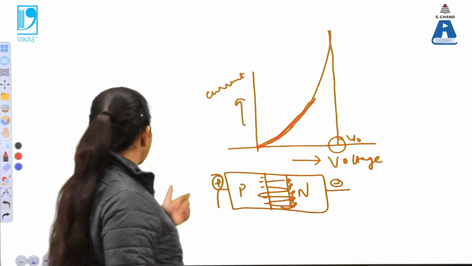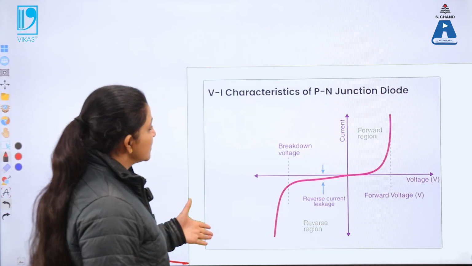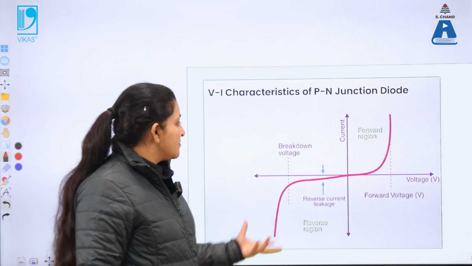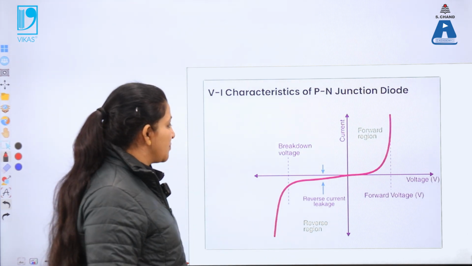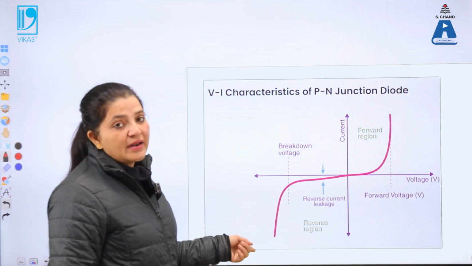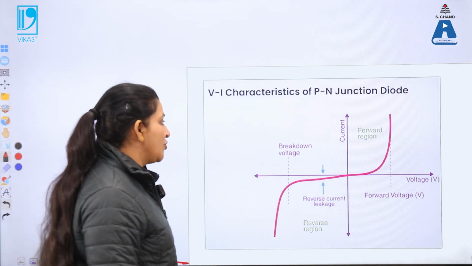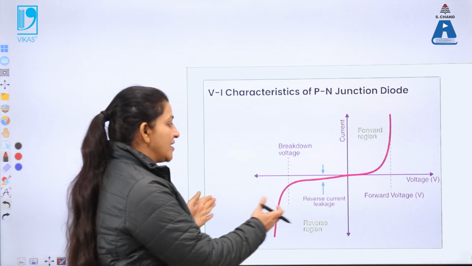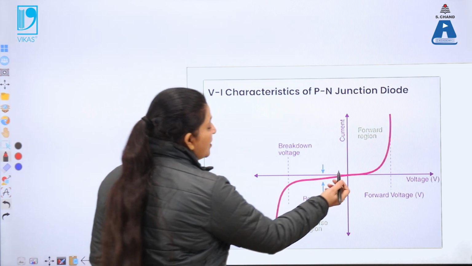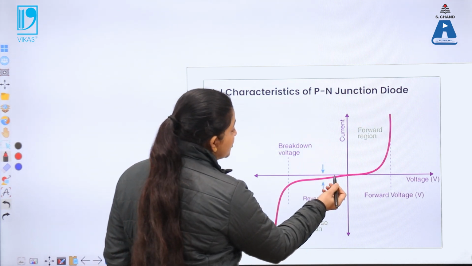Now what will happen in the reverse characteristics? Next is the reverse bias region. Reverse bias region means the p-type terminal is connected to the n-type and the n-type is connected to the p-type. We know that in this case the size of the depletion region is very large. So as we increase the voltage here, there is no current.